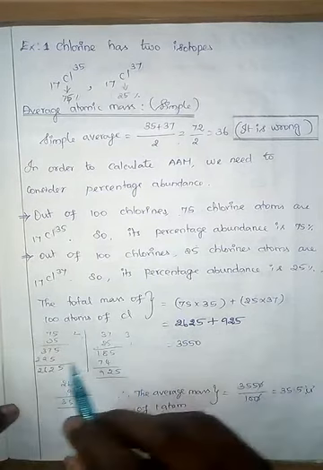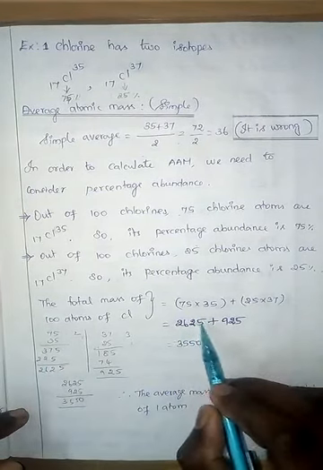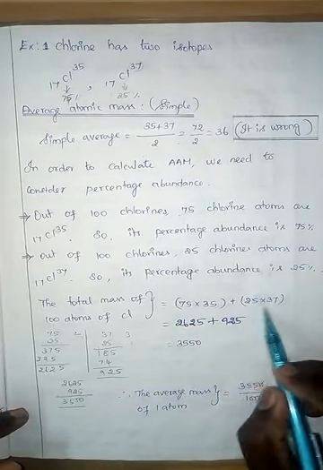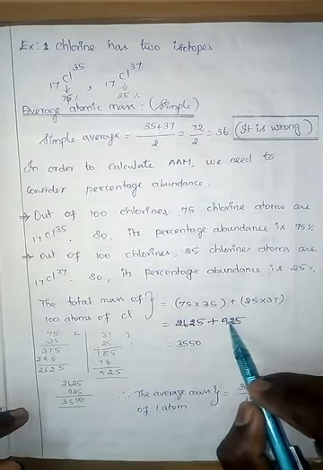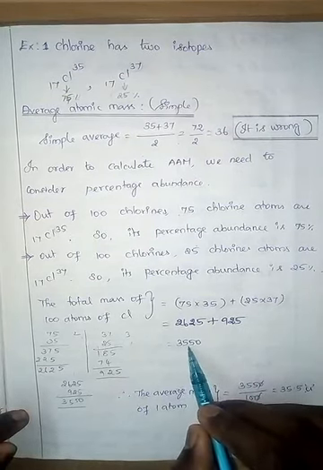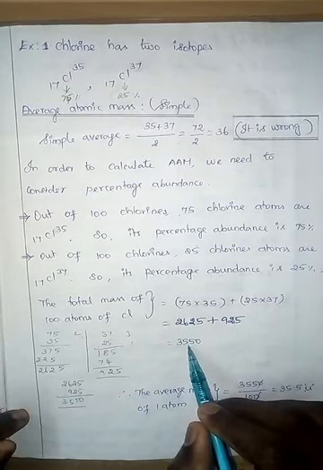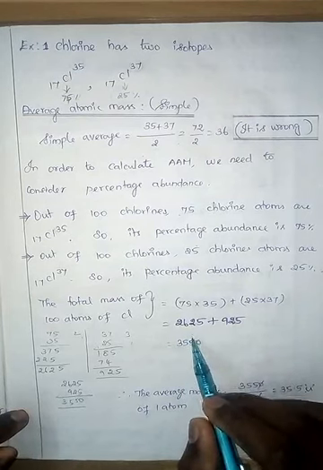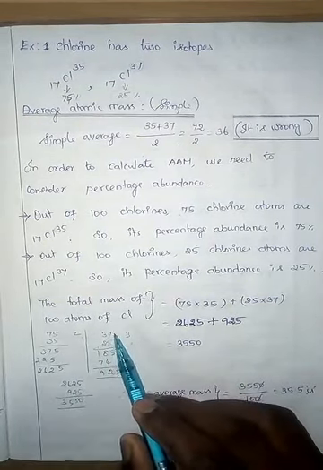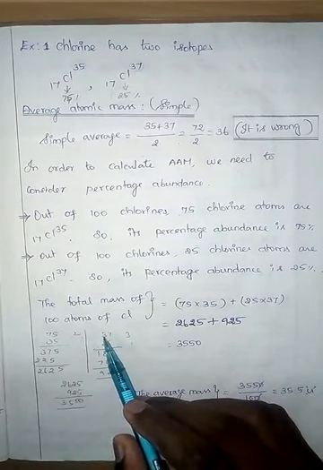The answer is 2625 plus 925. If we add these together, we get 3550. Now this is the total mass of 100 atoms, but I need it for only one atom.